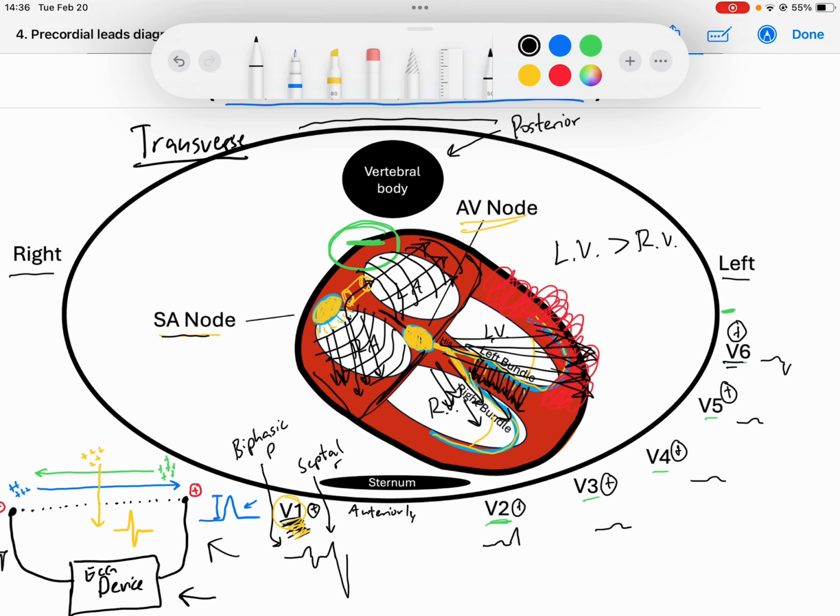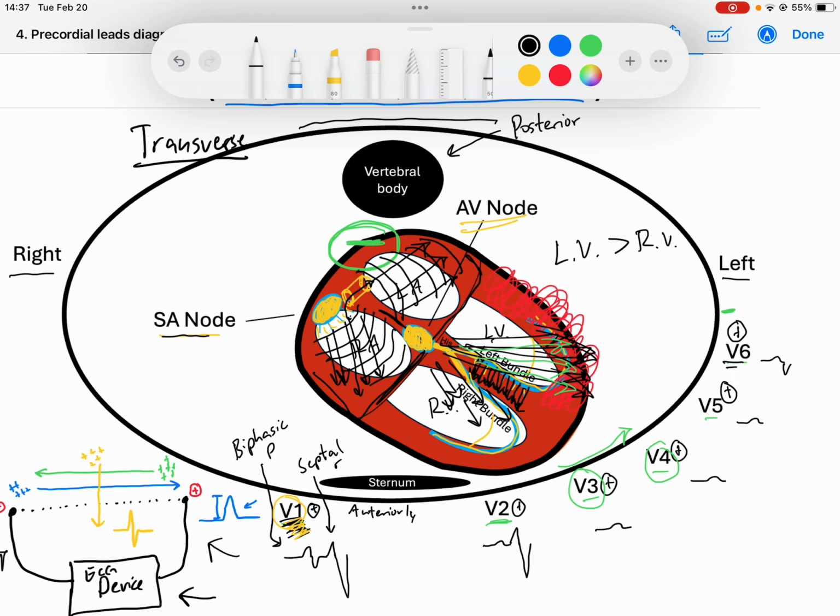In V2, they're going to be a little bit less negative, but they're still going to be negative. But as we get to leads V3 and V4, we're starting to get closer to recognizing these left ventricular signals.